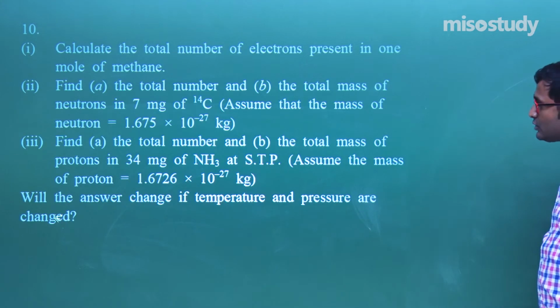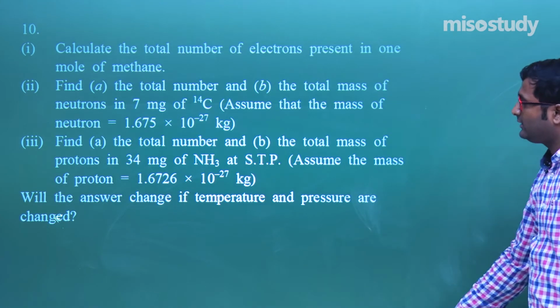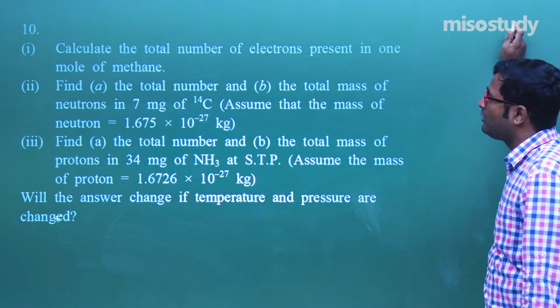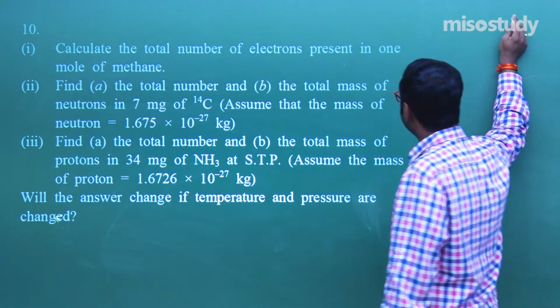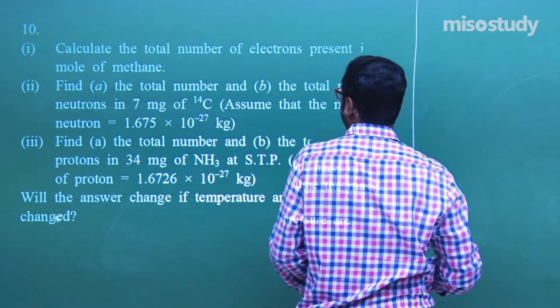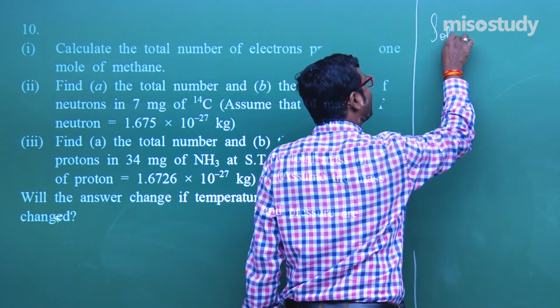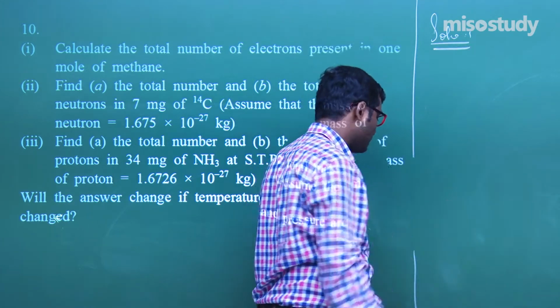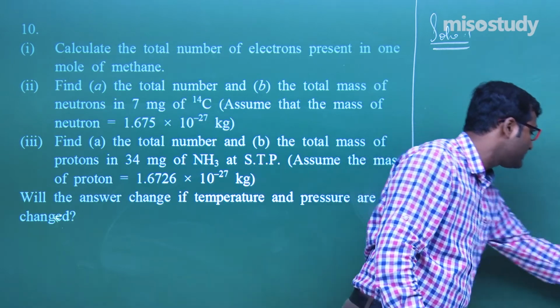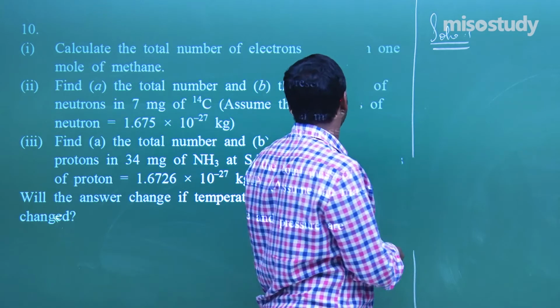Now what is the question? First part, calculate the number of electrons present in 1 mole of methane. This question touches chapter 1 also, and it will help you revise chapter 1. This is also a question from your NCERT book. Now what is the first part?